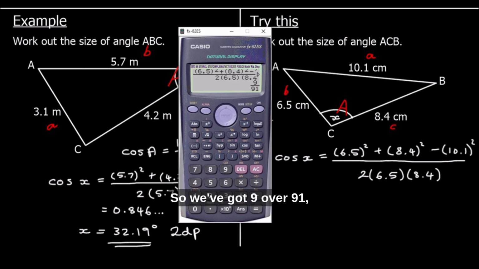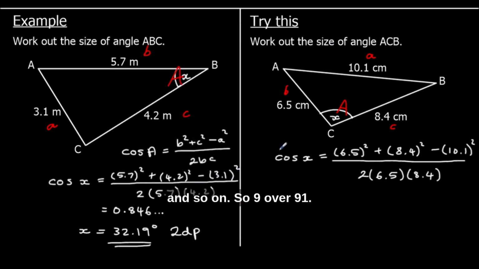So we've got 9 over 91, or 0.098 and so on. So cos x is 9 over 91.